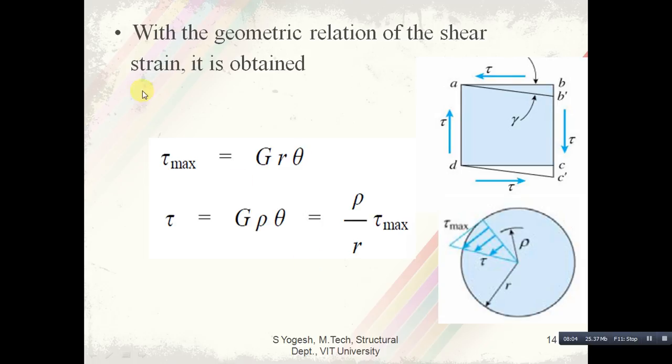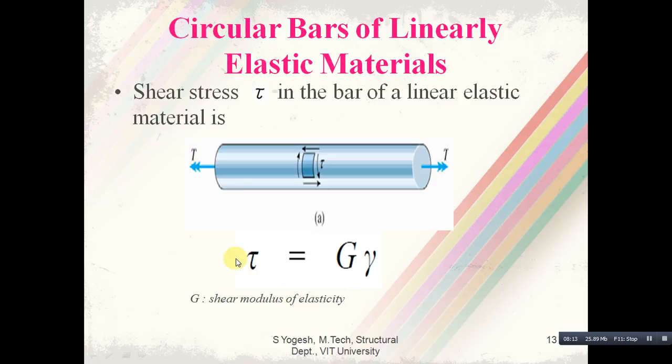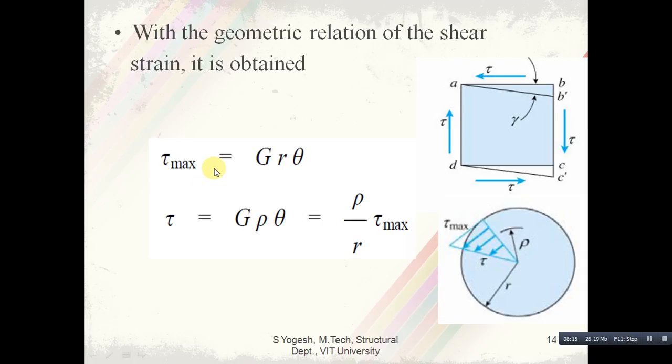So with the geometry relation of the shear strain, the maximum shear stress is obtained as tau max equal to G R theta. So tau equal to G rho theta equal to rho by R into tau max.